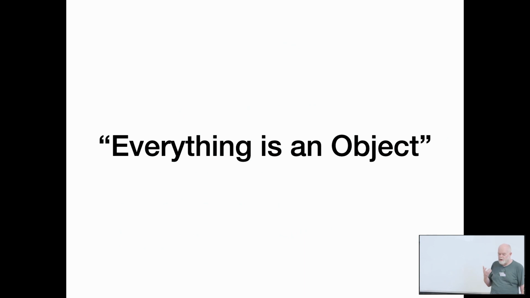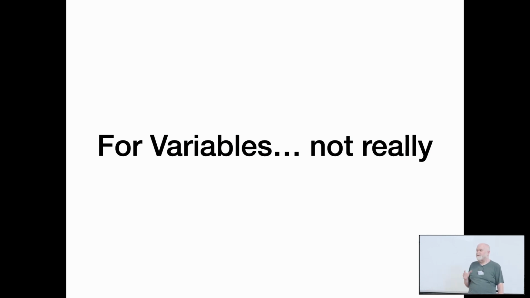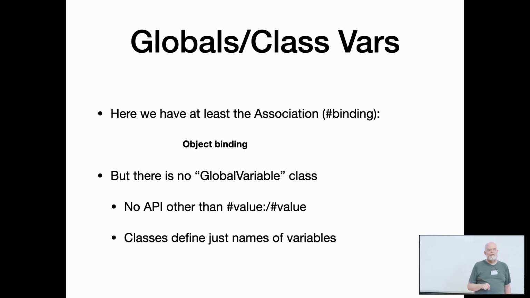If you now think about that we always say everything is an object, then it's clear that for variables, not really. So for the globals, it's actually the one where you could argue that it's already kind of okay, because there is an object that represents a global variable, and that's the binding, so the association in the Smalltalk globals dictionary.